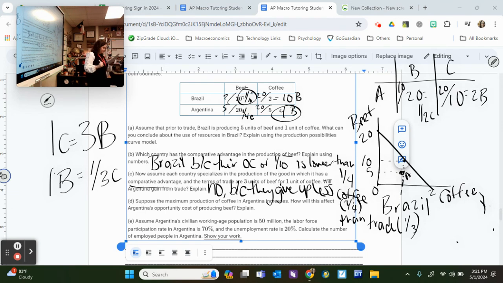And then how will this affect opportunity cost of producing beef? Well, before, the opportunity cost of producing beef for Argentina was 1/4 of a coffee. And now, producing beef costs half of a coffee. So opportunity costs are going to increase because the ratio is changing.